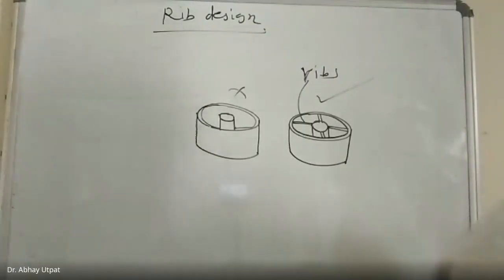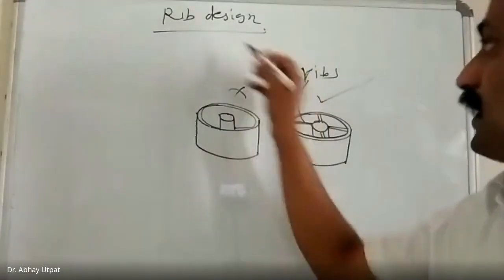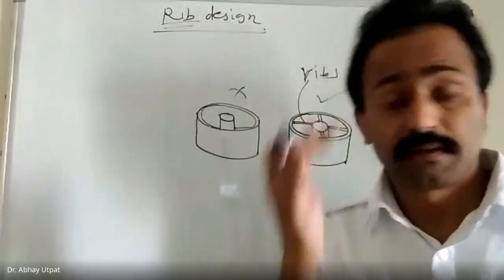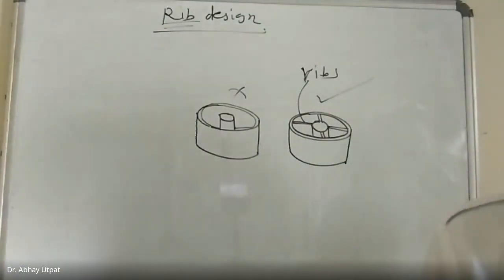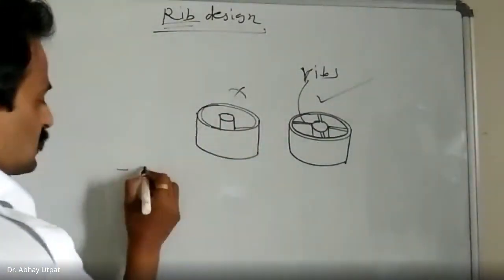One of the easiest ways is by providing the rib. Rib increases structural strength.